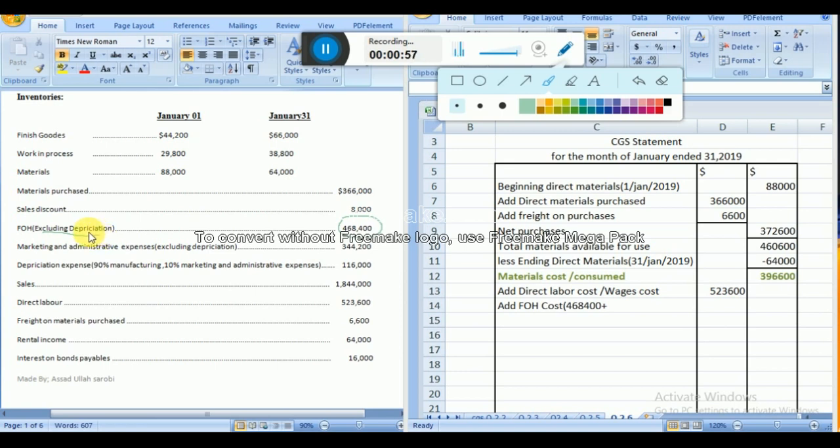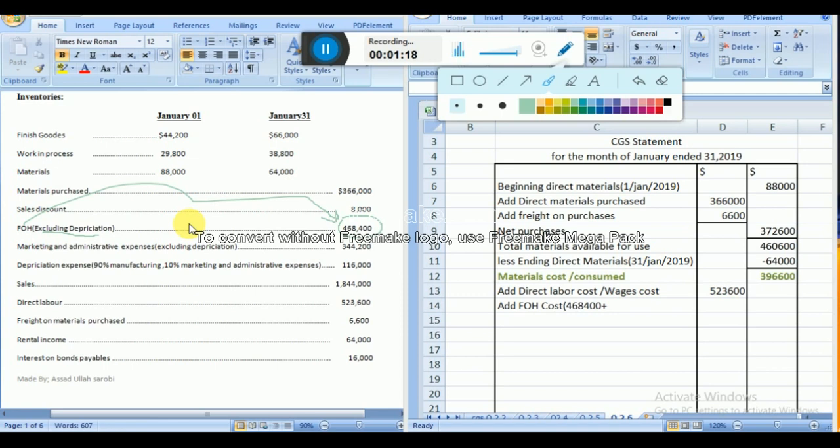But in the question the factory overhead amount which is given, that is 4,68,400. In this amount depreciation is not included. Clear? So we will write the exact depreciation cost.